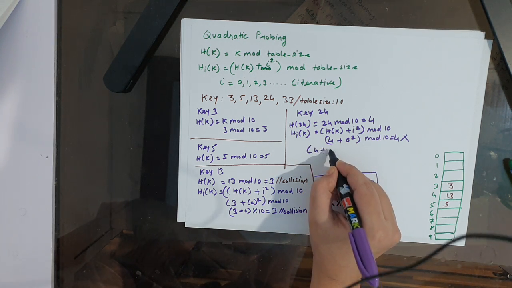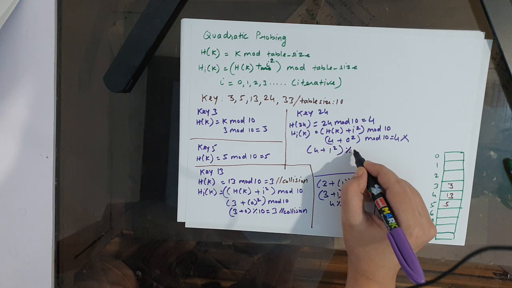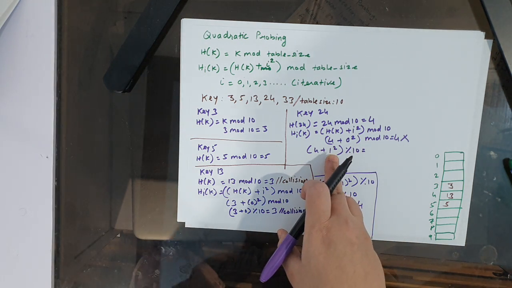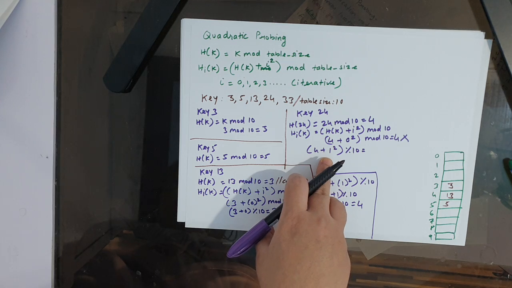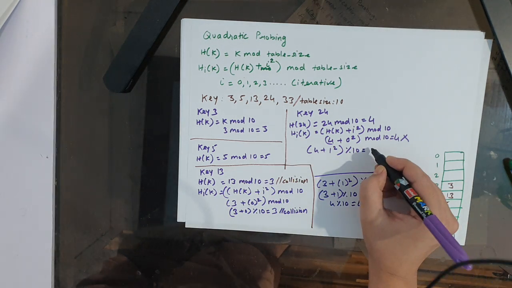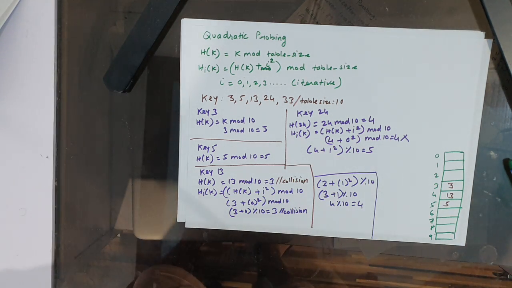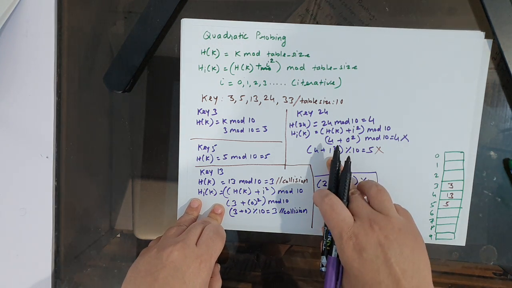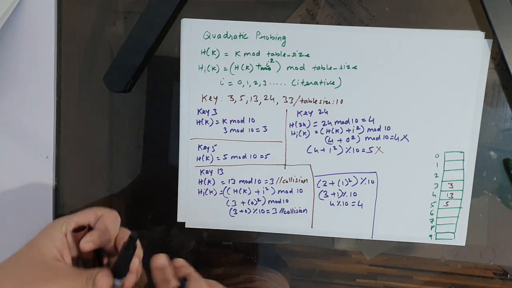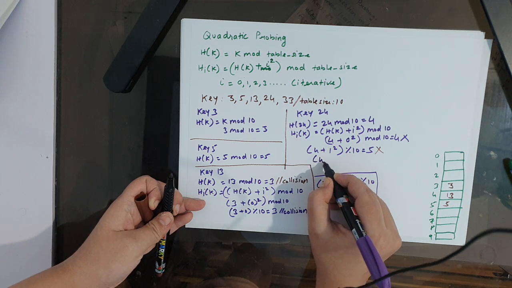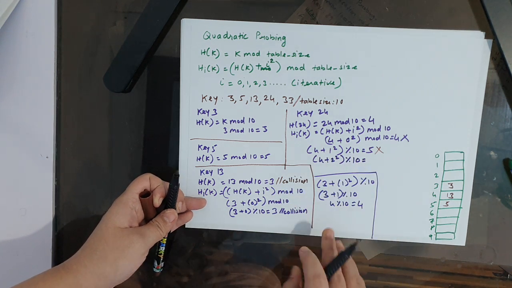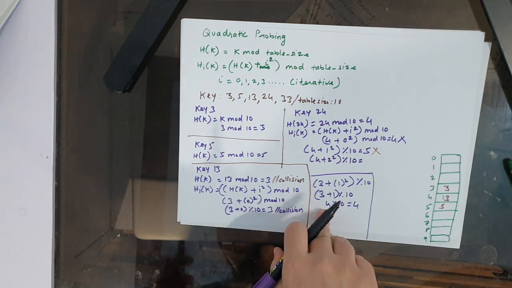So 4 plus 1 square is 5, mod 10. The answer is 5. This is also not acceptable because it's a collision. So again we increment i. Once we increment, we get 4 plus 2 square mod 10. Once we solve that, the answer that we get is 8.